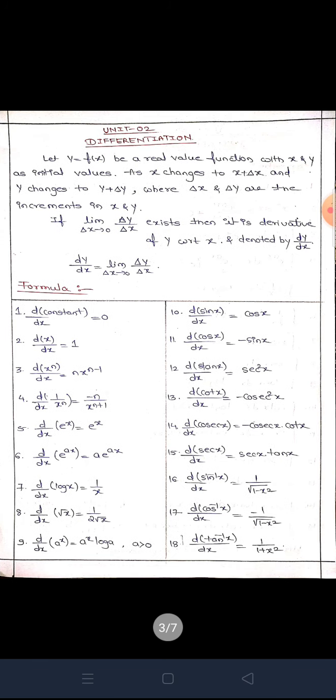So first, differentiation. Let y is equals to f of x be any real valued function where x and y be its initial value. If x is changing to x plus delta x and y is changing to y plus delta y, where delta x and delta y are the increments in x and y.